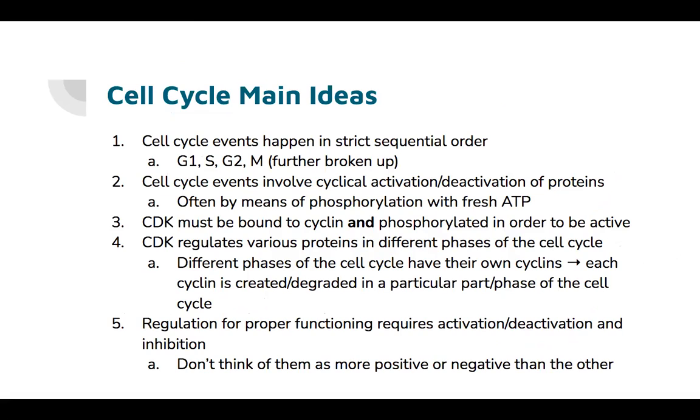And the CDK must be bound to cyclin and phosphorylated in order to be activated. The CDK regulates various proteins in different phases of the cell cycle. Different phases of the cell cycle have their own cyclins. Each cyclin is created and degraded in a particular part and phase of the cell cycle. And regulation for proper function requires activation and deactivation and inhibition.